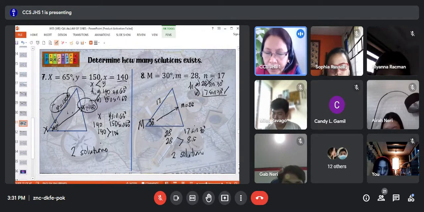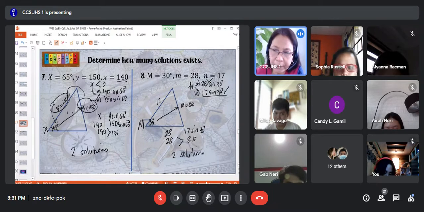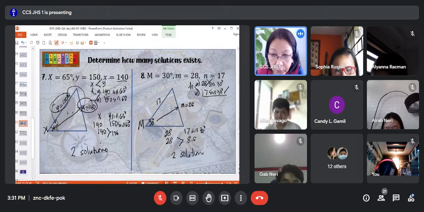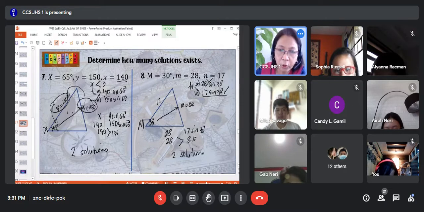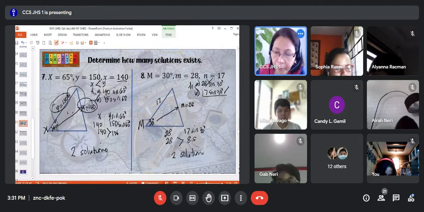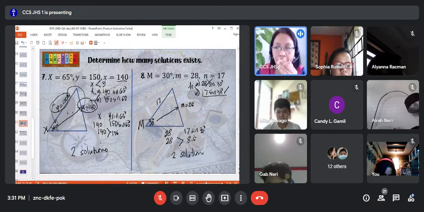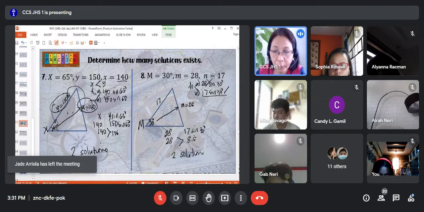It's not always the case that the letters are A, B, C. It could be other letters. So you have to make sure that you compare the length of the side opposite the given angle with the altitude, and the altitude is the other side times the sine of the given angle.